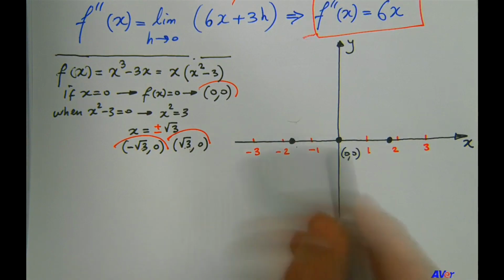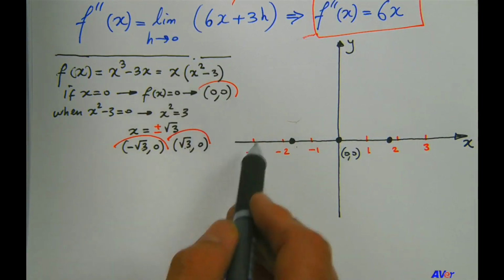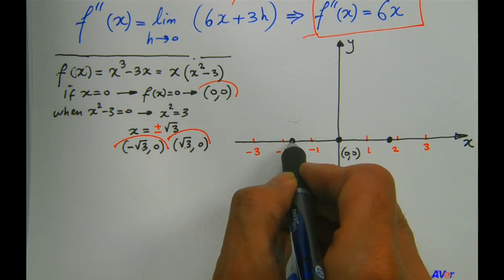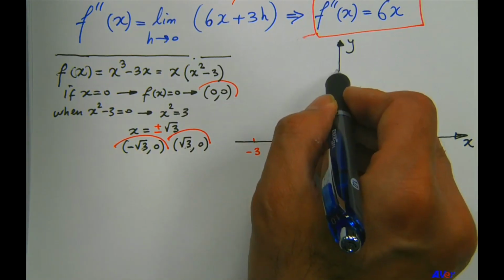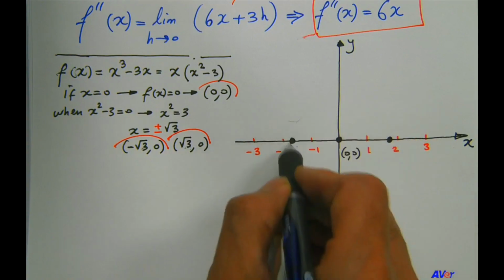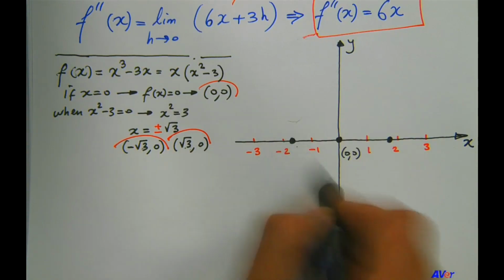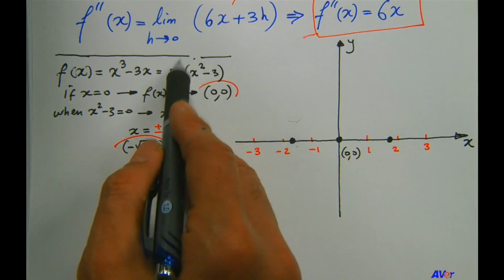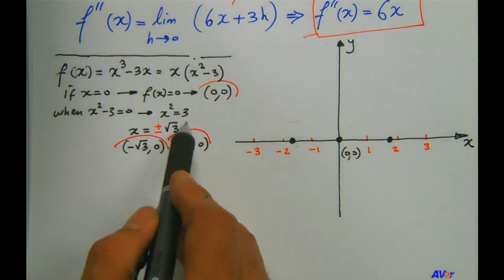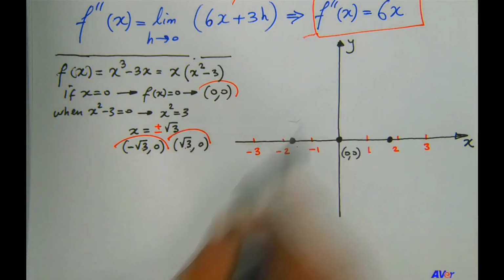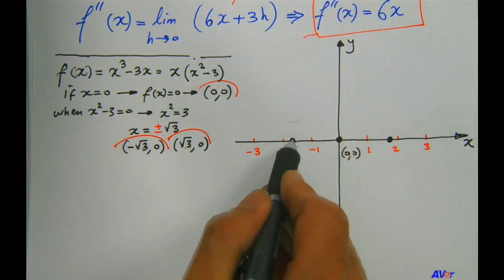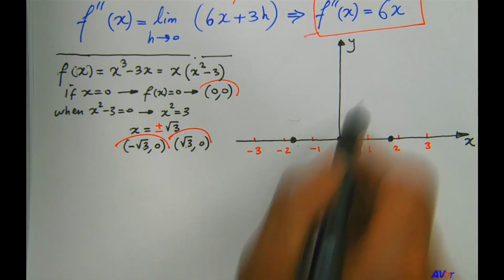But the multiplicity tells us whether, when passing through that point, it goes through to the other side or bounces back to the same side that it came from. Because the multiplicity is odd, which is 1 for both of those factors, we know that the line goes through each point to the other side.